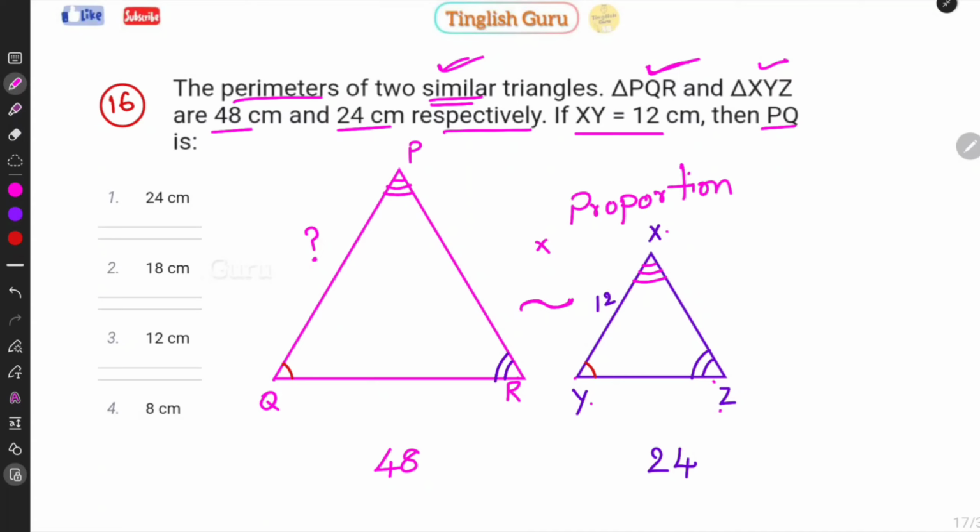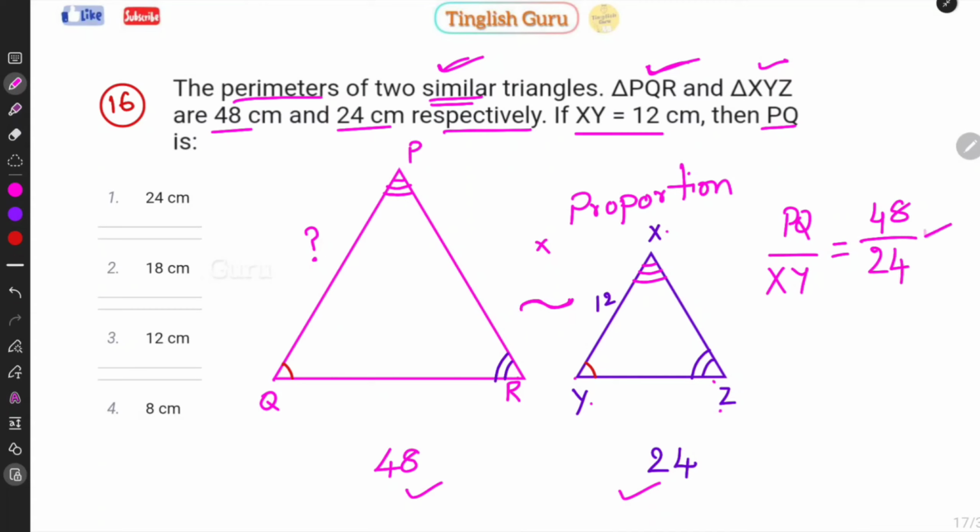but the sides are not equal, the sides will be in proportion. Proportion means what? For example, take the side XY. Let us write PQ in the numerator because PQ is the bigger triangle as we wrote now. So first side PQ divided by the corresponding side XY is equal to the ratio of their perimeters, that is perimeter of the first triangle 48 divided by perimeter of the second triangle 24.